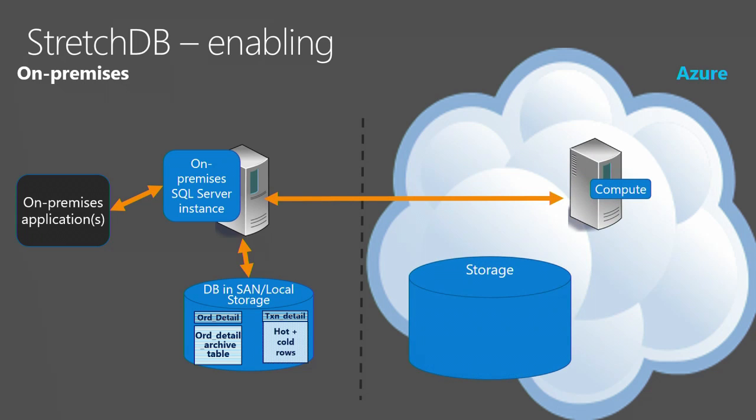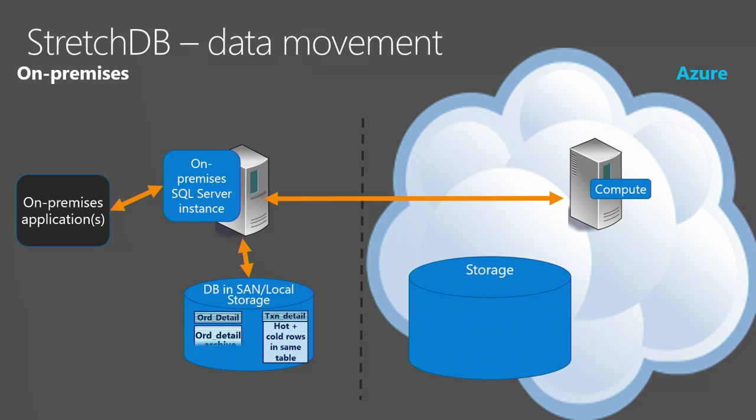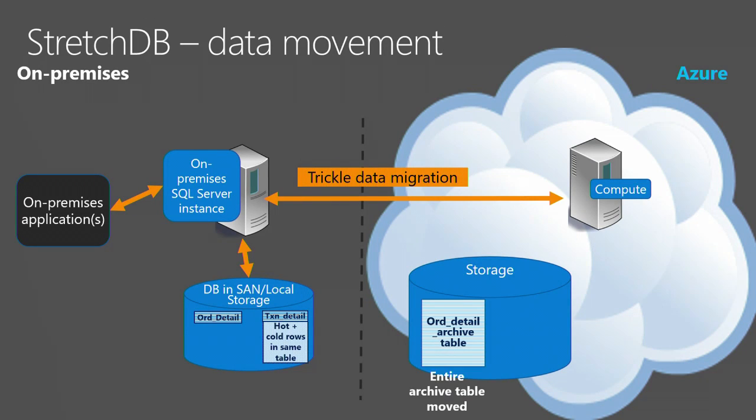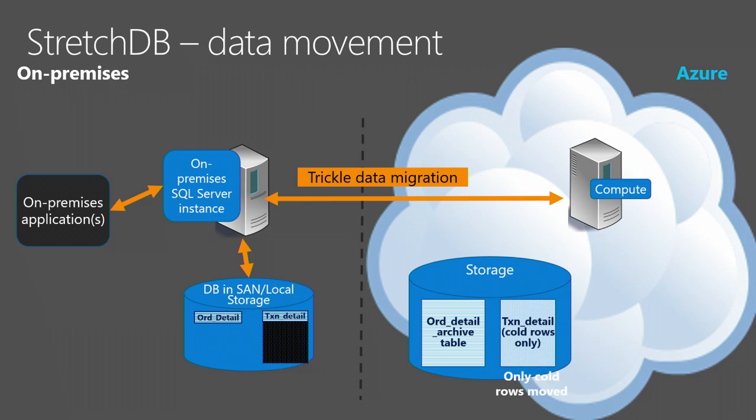So what we do, we've got up in Azure a SQL DB environment. So you've got storage and compute up there in Azure. You then grab that old archive table, trickle move it across, and store it in that Azure database. The other scenario where we've got some cold data in a table, move that across, just the cold rows.